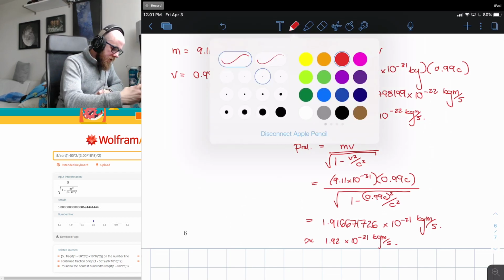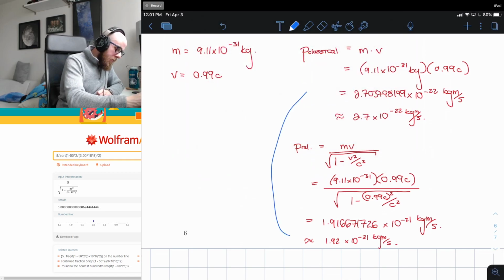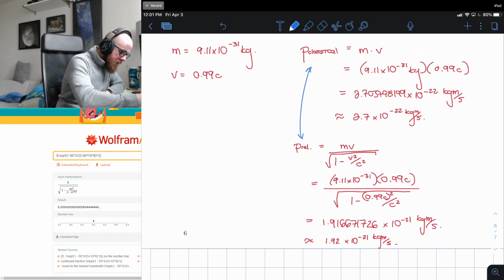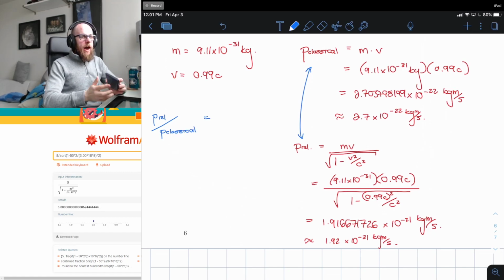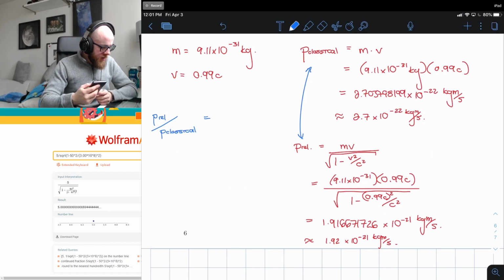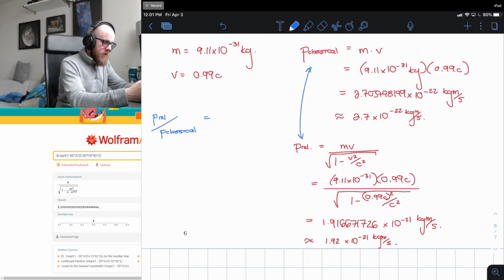I look at both of these, my P classical and my P relativistic. Now when I compare these two, let's take P, my relativistic momentum, and divide it by our classical momentum. What we should see is about a factor of 10, maybe a little bit less than 10 increase. So 1.92 times 10 to the negative 21 over 2.7 times 10 to the negative 22.